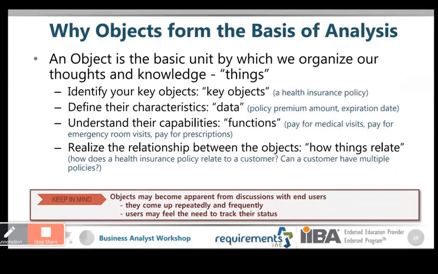All right, now let's talk about what are objects and why do we say objects are the basis of analysis? Now, let's say you're learning a new language. One of your key contributions is the vocabulary. The number of words you know within that language helps you understand better, helps you speak better. Similarly, learning a new system, objects are going to be everywhere.